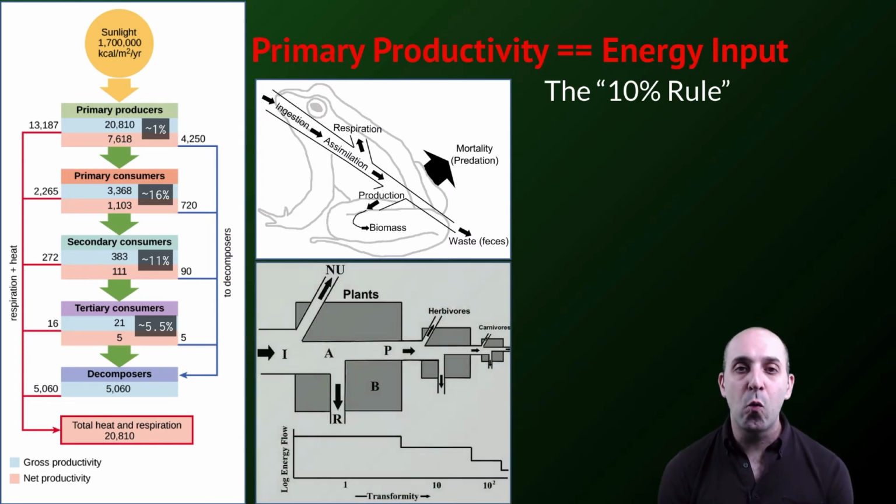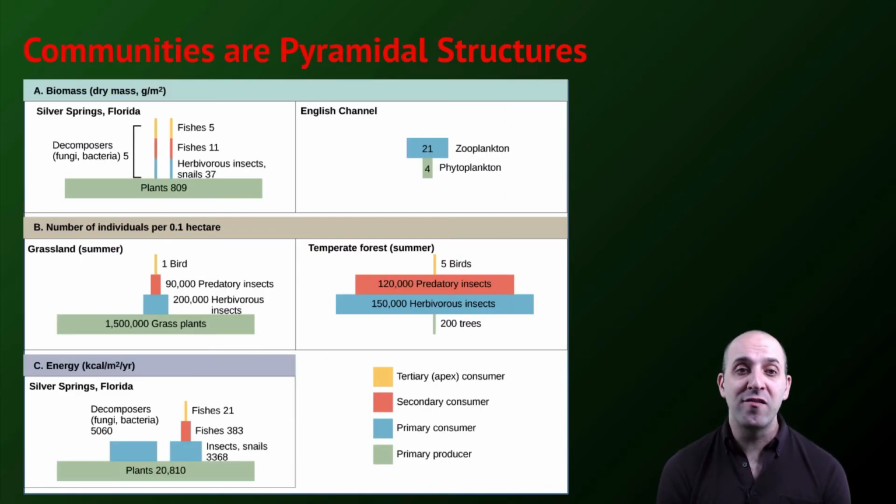So as we look at one trophic level to the next, there's an ever smaller amount of the total energy that was put into the ecosystem at the producer level available to each subsequent trophic level in the community. This has profound consequences for the number of organisms that we see at each level in the community, and the end result is that communities are functionally shaped like pyramids. There is more energy and more biomass at the producer level than there is at the primary consumer level.